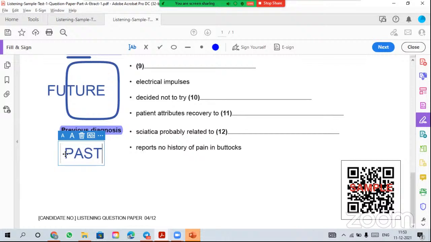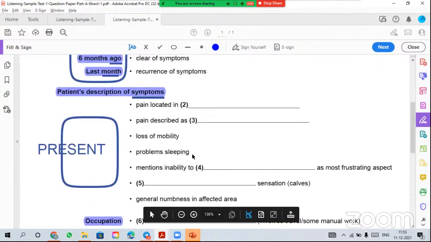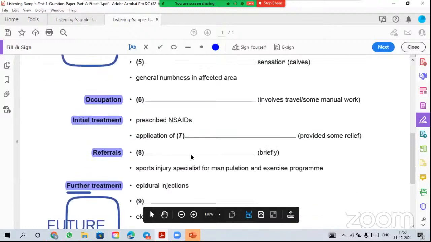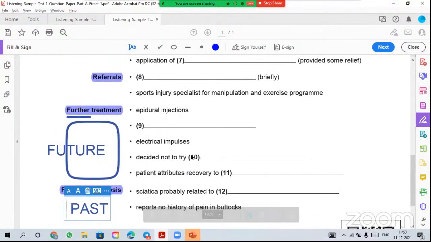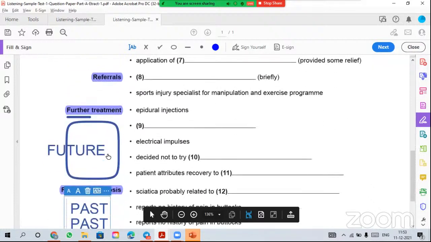Everything you can understand. This is future. Further treatment. Further means future. So past, present, future, everything is given here.